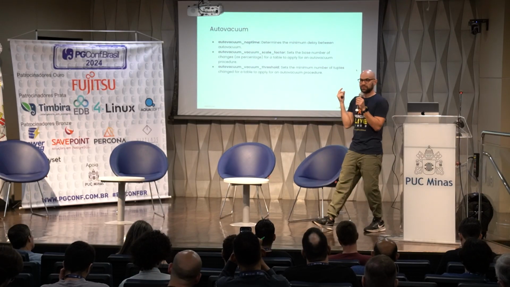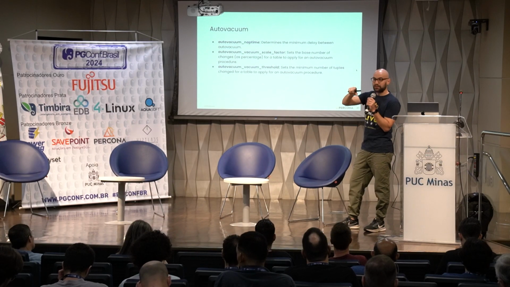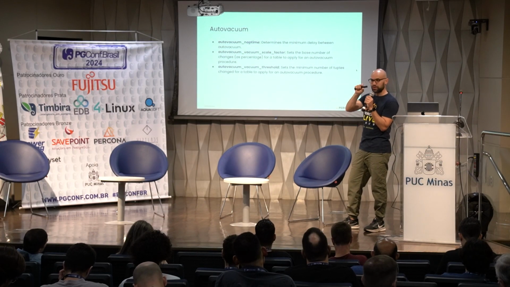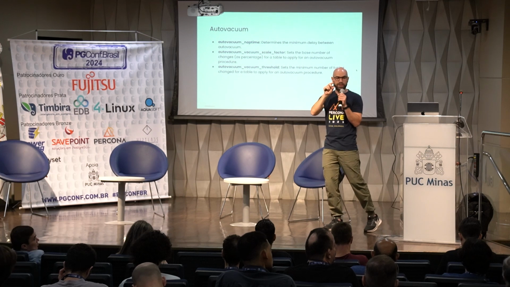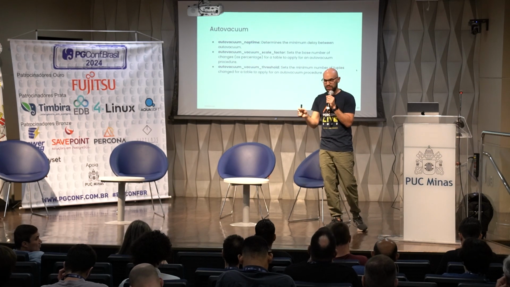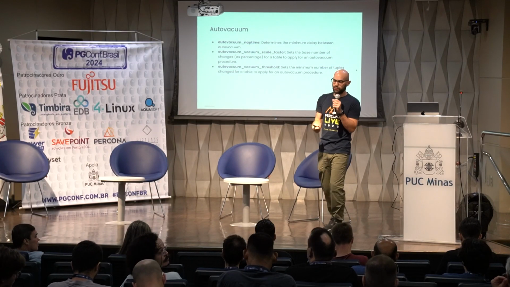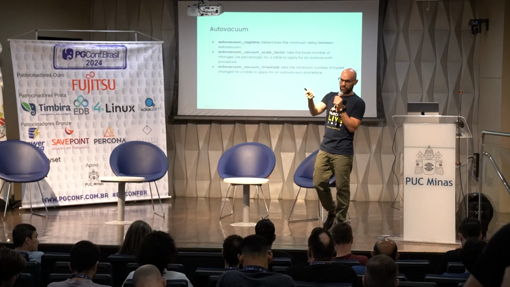So let's say we have 0.1 as the scale factor, and we have the same 100 tuples, right? So 0.1 is 10%. So we need to have 10 tuples changed plus 50. So we need to have 60 tuples changed in that table so that the autovacuum is eligible for running on that table in particular.